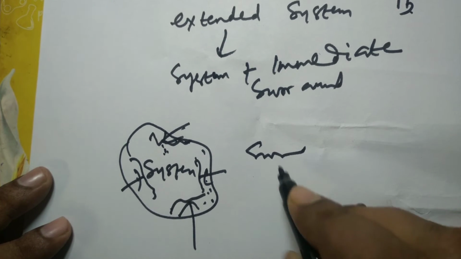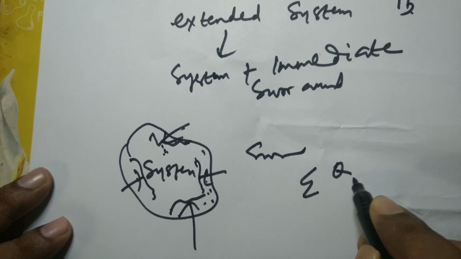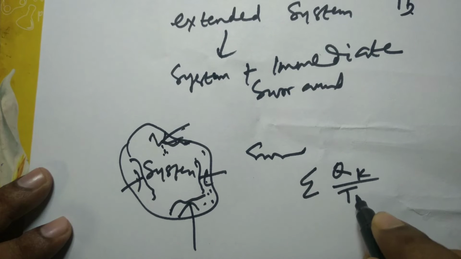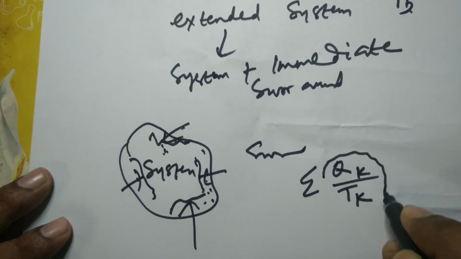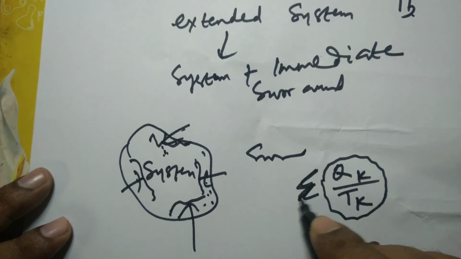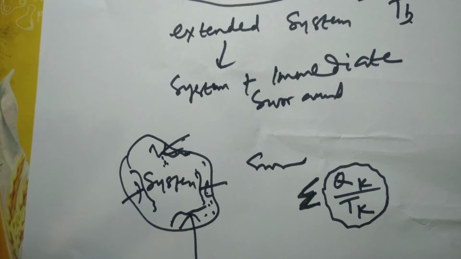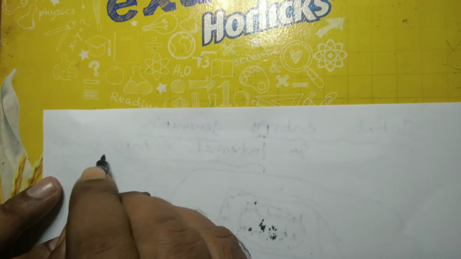Then what will happen? The entropy transfer is calculated as sigma Qk by Tk. You have to calculate all the individual values of Qk by Tk and then add those values to find the total entropy transfer, maybe into or out of the system. So for the general equation we can write like this.